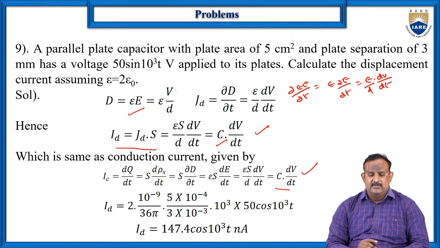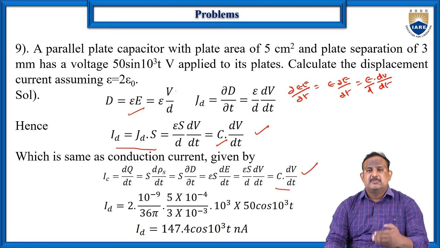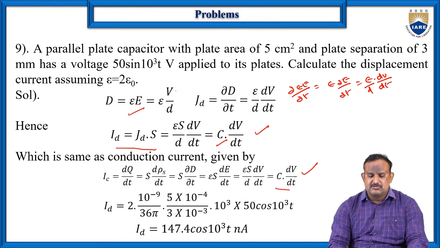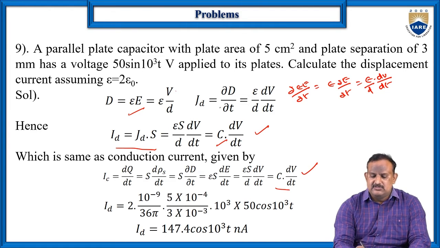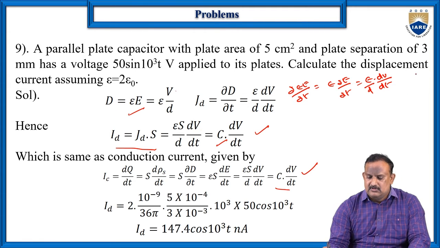Now we need to find the displacement current. The displacement current I_D is equal to, we need to substitute the capacitor value, C, which is epsilon S by d.